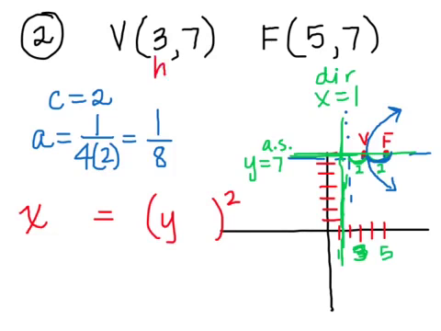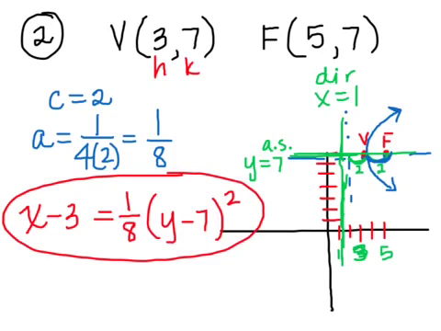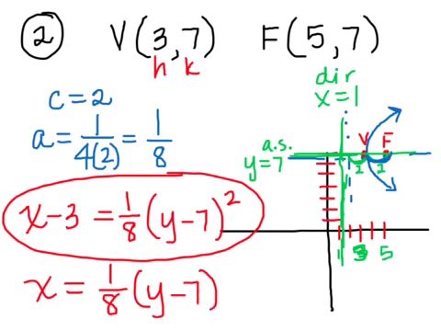This is your h and k, so it's always x minus the h and y minus the k, and then the a is your 1/8. And so here is the equation. Sometimes you will see the 3 move to the other side, and if so, it would look like this. So that's a possible way to write it as well.